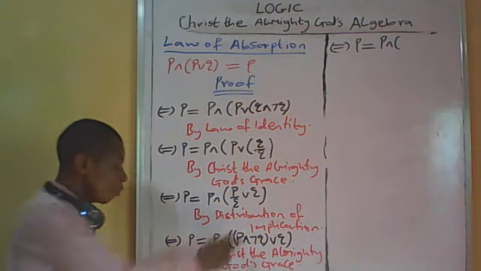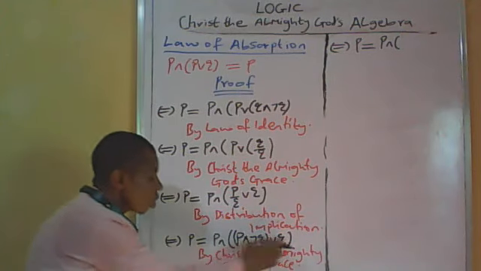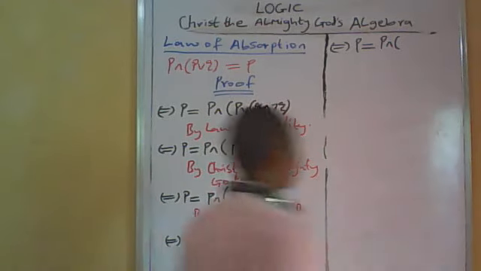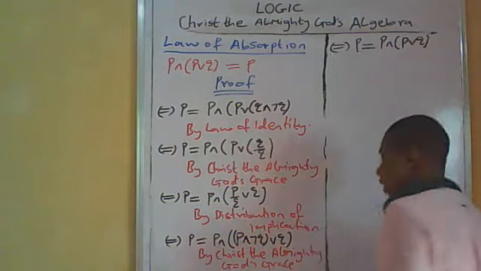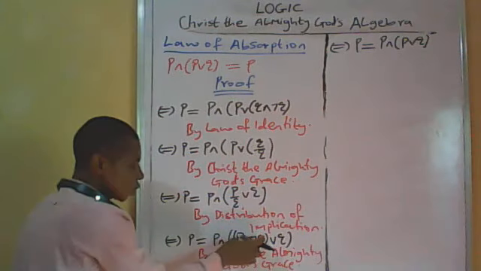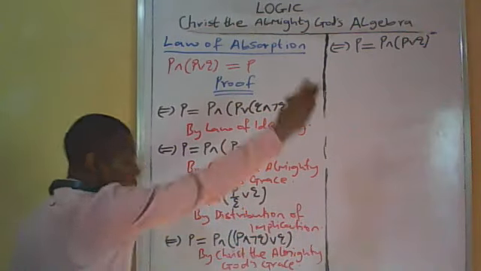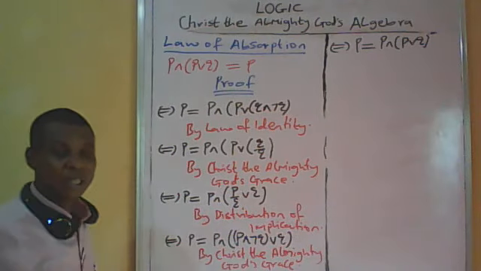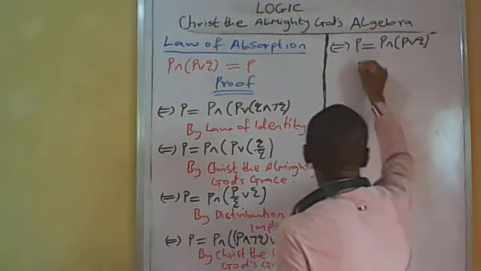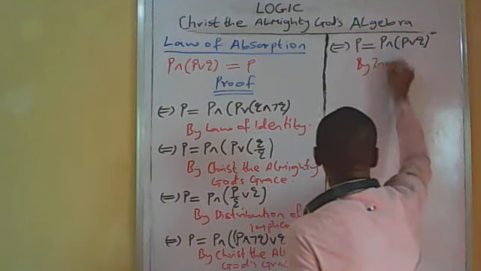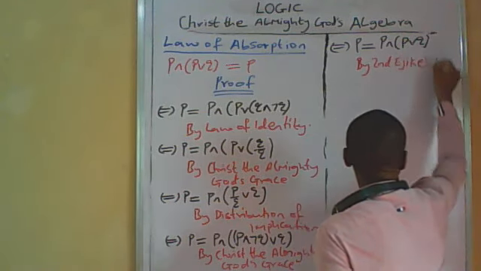Through the second absorption law, P and not Q or Q is equal to P or Q. So it is P or Q. So we substitute this P and not Q or Q with P or Q by the second absorption law, being justified by the second absorption law.